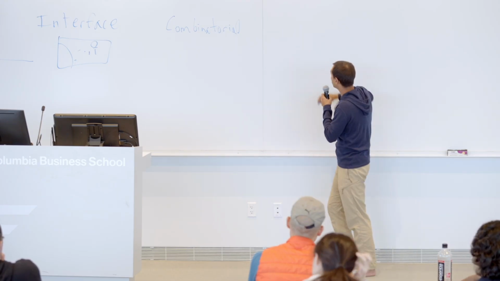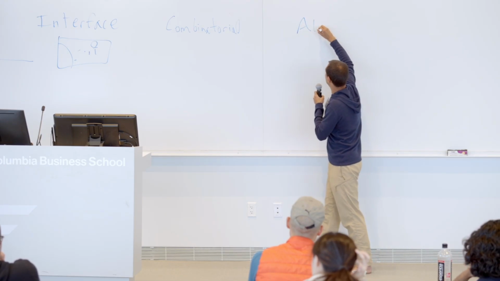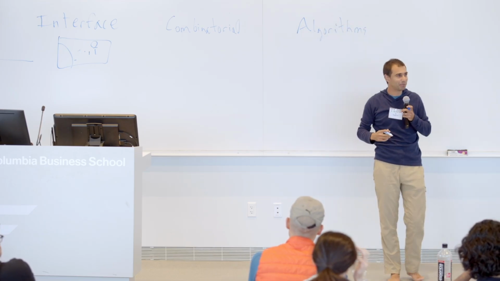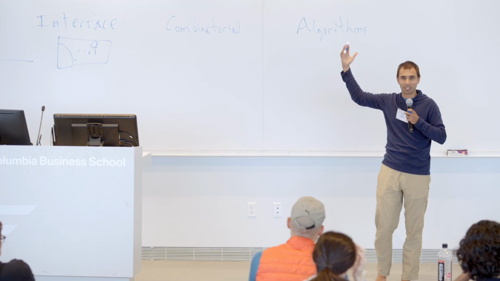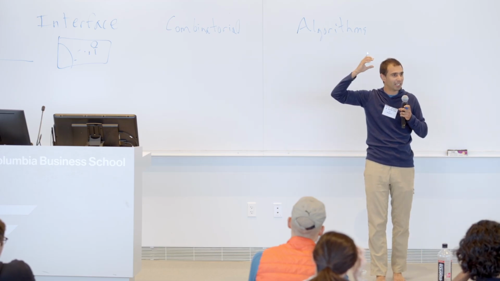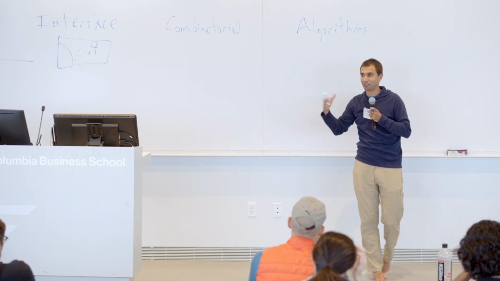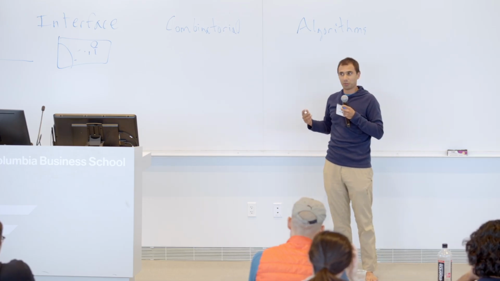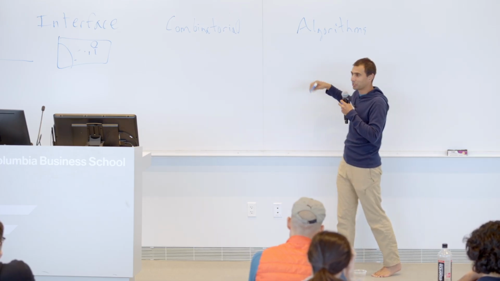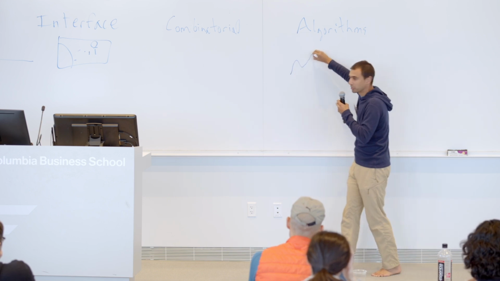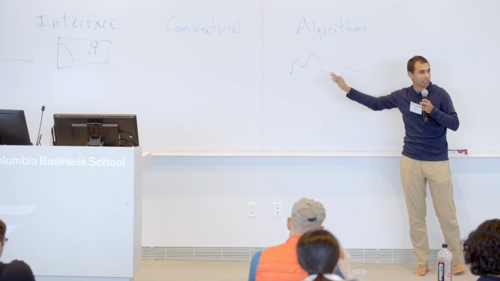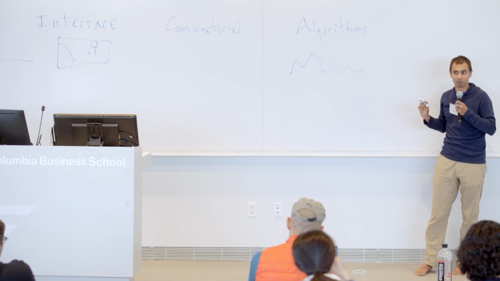And then the last one I want to talk about is algorithms. Sometimes it feels like in automated market makers and blockchain, constant product fell out of the sky and hit us on the head, and we're still lying on the ground recovering from that. But there's more. There's other things you could do. For example, one thing that maybe we all thought we wanted to do was look at the history of prices over time, run a machine learning algorithm based on the past, and use that to predict the best price in the future.